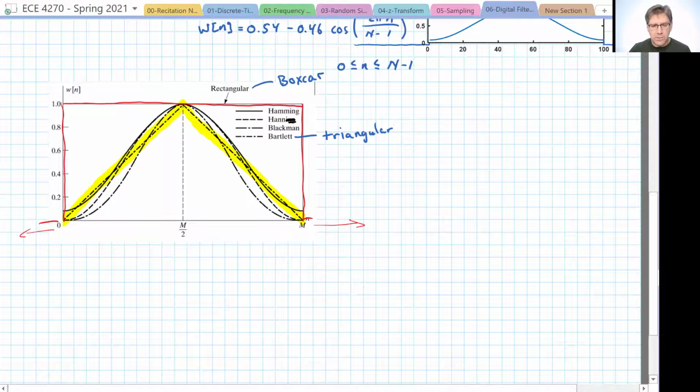So what goes on when we multiply a signal like our ideal filter by a window function like this?